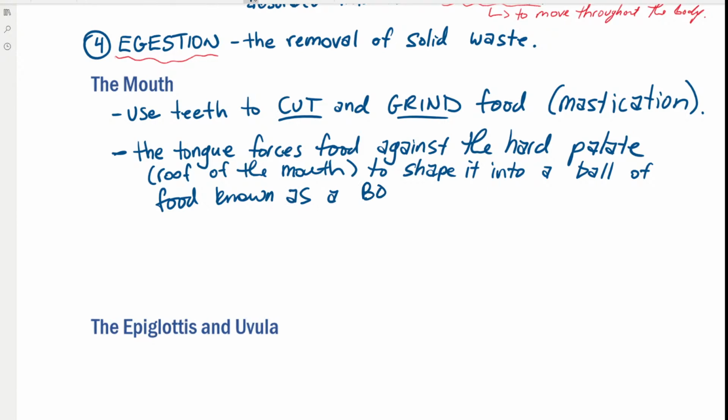And this is known as a bolus, which is just the Greek word for ball. So teeth cut and grind food. The tongue forces food up against the hard palate and shapes it into a ball known as a bolus.